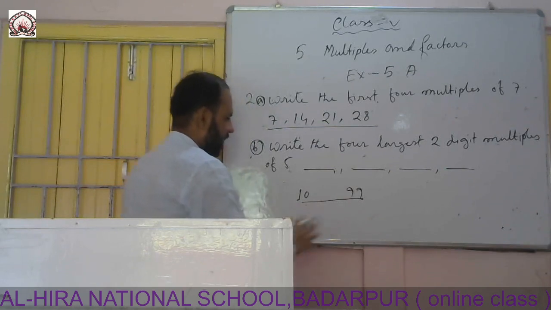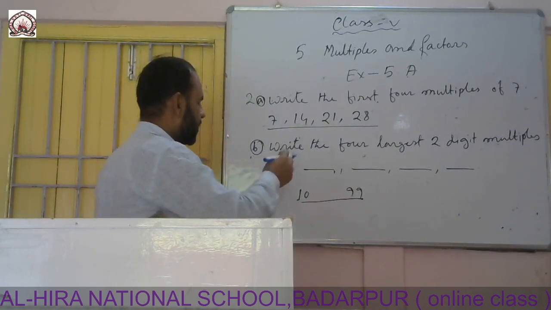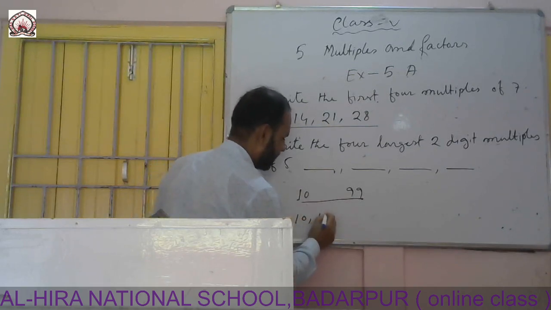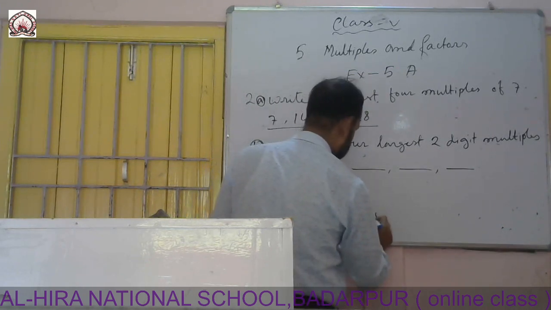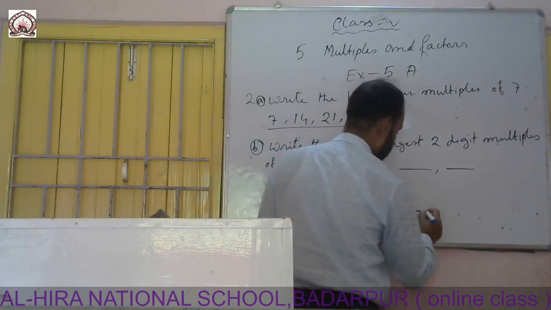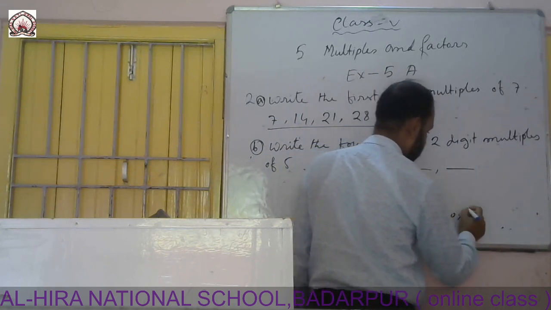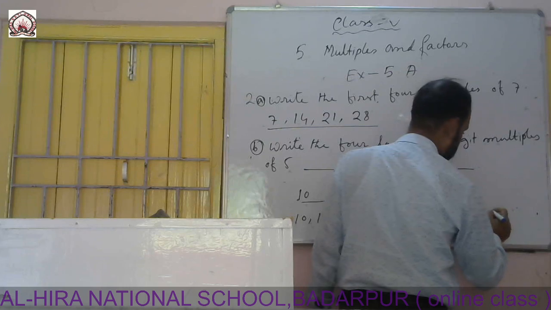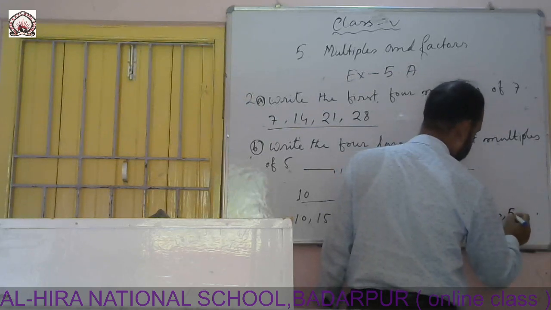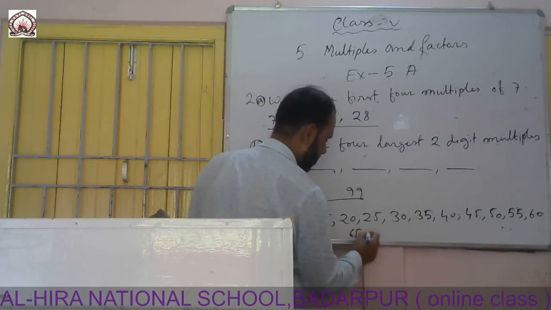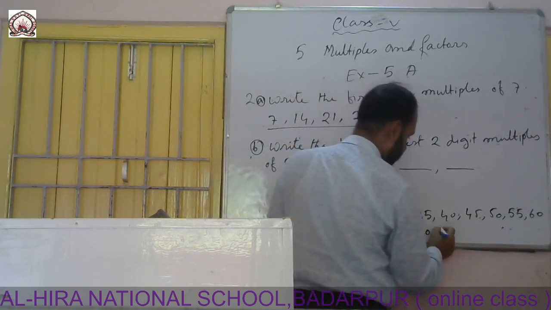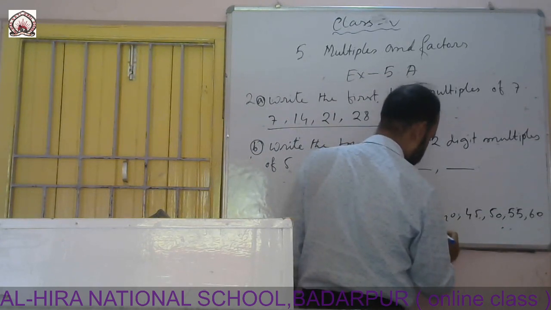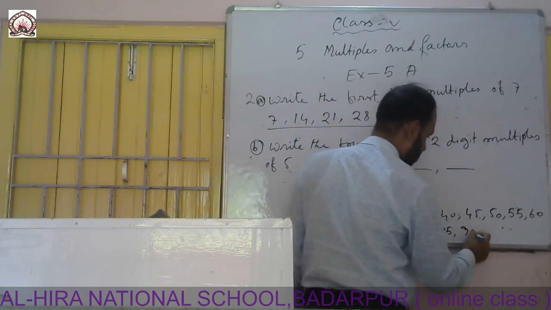So we write here all the 2-digit multiples of 5: 10, 15, 20, 25, 30, 35, 40, 45, 50, 55, 60, 65, 70, 75, 80, 85, 90, 95.